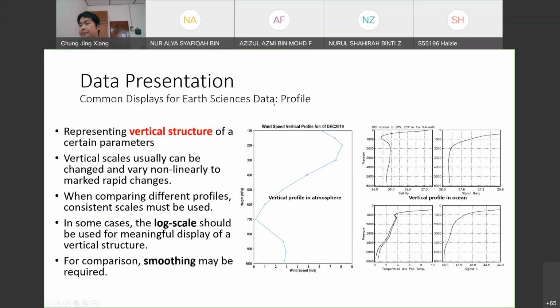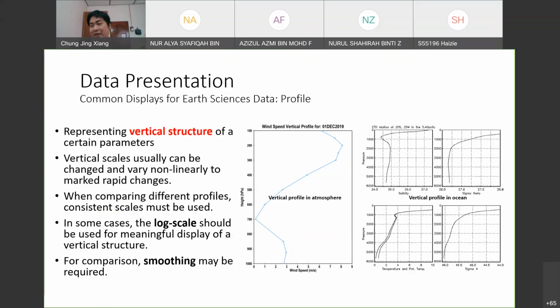First, let's talk about this profile. Profile you can understand like a profile about you. When you say sea surface temperature profile, it doesn't mean how the temperature looks like vertically.